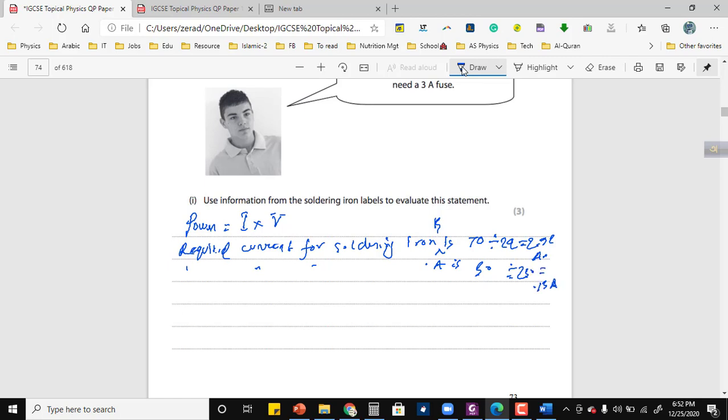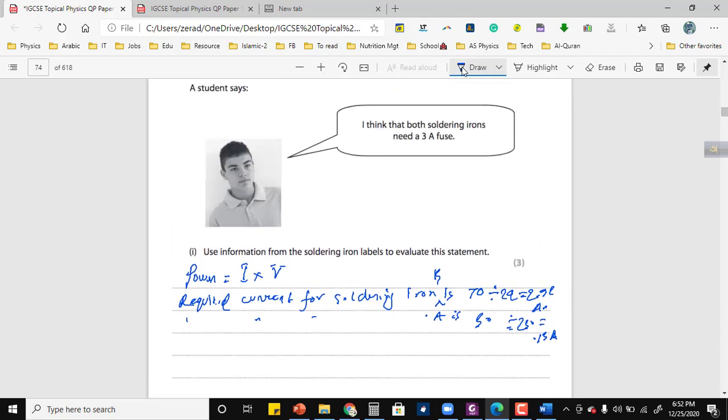So we can see that the student says, I think both soldering irons need 3 ampere fuse. So we can say in this case that for the soldering iron B, the current is almost closer to 3 amps. So we can say that 3 ampere fuse would not be a good choice, or would be a poor choice for soldering iron B. On the other hand, for soldering iron A, the required current is 0.13 amps.